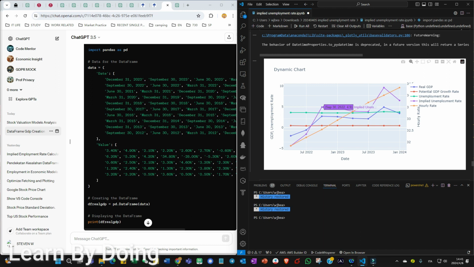And we can see the unemployment rate is quite stable, right? And the implied unemployment rate actually should be much higher.